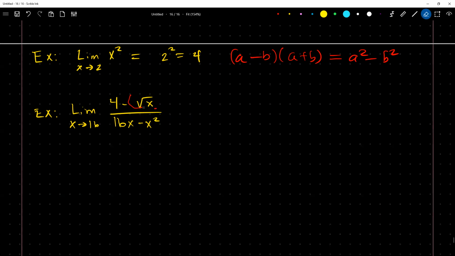Anytime you have a square root, when you're taking a limit, it's a good idea to try to multiply by the conjugate. Because if I try to factor this, there might be some way I can factor out this x and then factor out the square root here, but it might not work out very well. So what we want to do here is try to multiply by the conjugate.